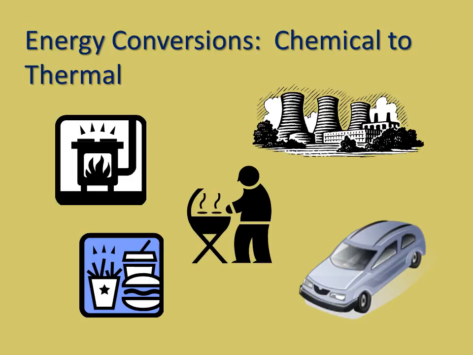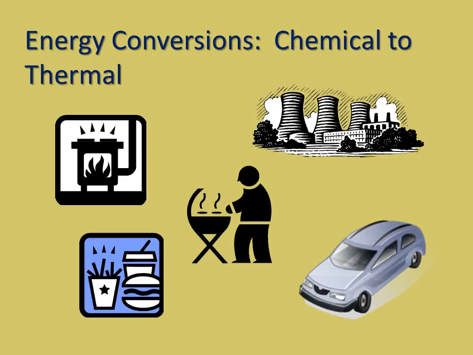And again, we typically will use fuel, a chemical form of energy. Charcoal is a chemical form of energy, and we ignite it and we create thermal energy for cooking. Many of us cook on stoves that use propane or natural gas, a conversion from chemical energy to thermal energy.